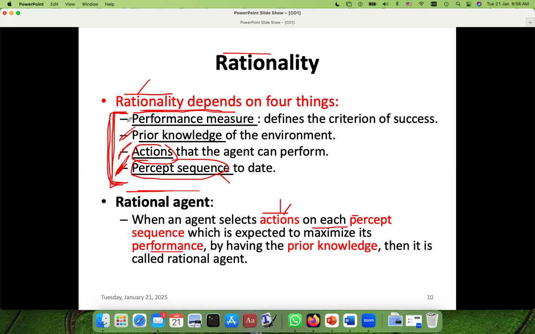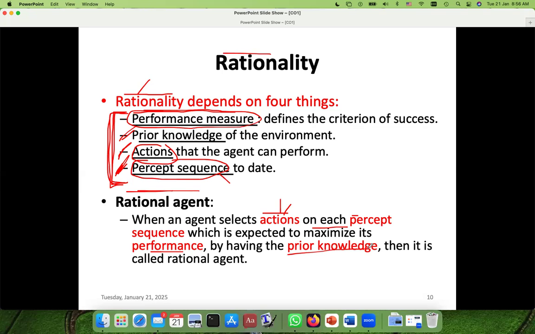And this is now the third one, performance of the agent. Only one is left, prior knowledge. Again, the agent selects actions on each percept sequence, and these actions will maximize the performance by having the prior knowledge, then it is called a rational agent.